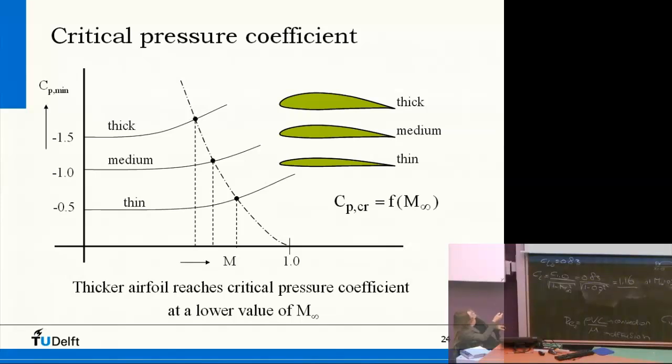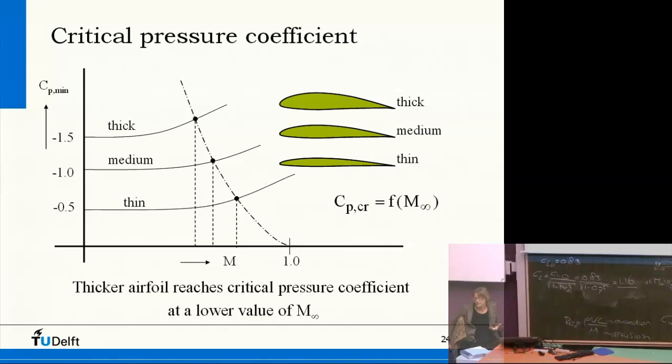What you should take away is that pressure coefficients are related to pressure changes, right? A pressure coefficient at a certain point says how much lower the pressure is than the free stream pressure. If your airfoil is thicker, Mach 1 is reached around your airfoil earlier, at lower speeds, right? So you have a lower critical Mach number.